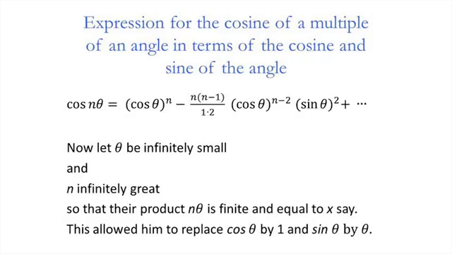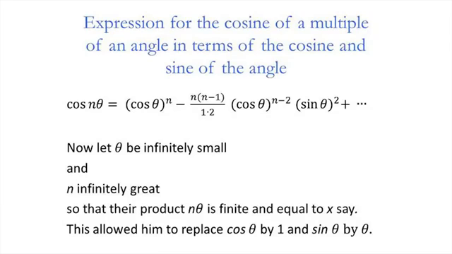So this is finding an expression for the cosine of n theta in terms of powers of the cosine of the angle and powers of the sine of the angle. There's a few lines that go before that using de Moivre's theorem and the binomial theorem. That's a binomial expansion on the right-hand side, terms just multiplied together.